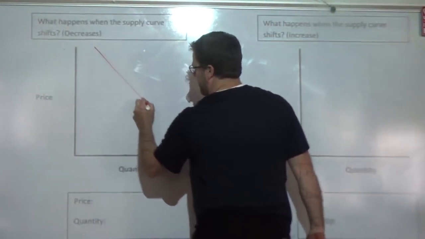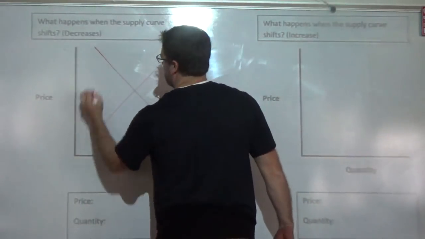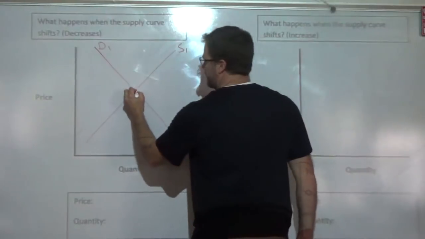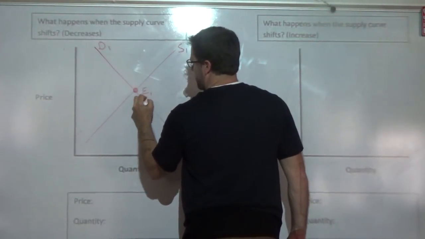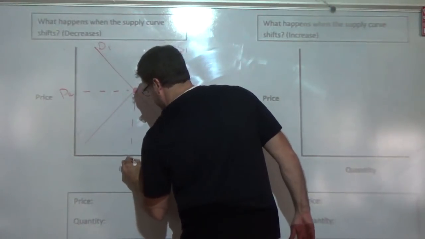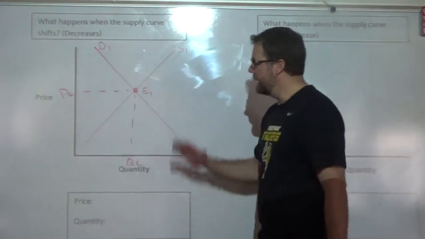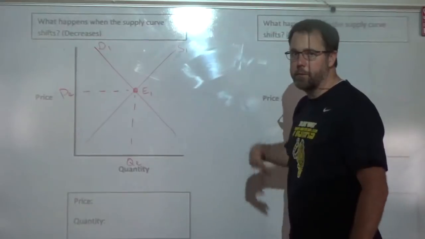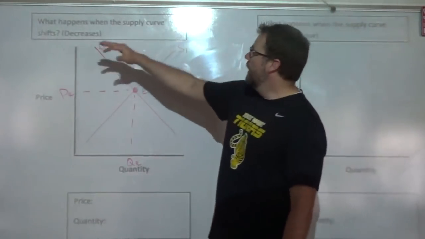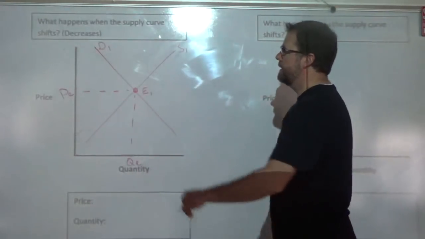Okay, so we have a demand curve, D1, supply curve, S1, our point of equilibrium, price equilibrium, quantity equilibrium. Same thing, all right? This is going to be very repetitive. We're going to start all these the same way each time. This time we see what happens when the supply curve shifts with a decrease.